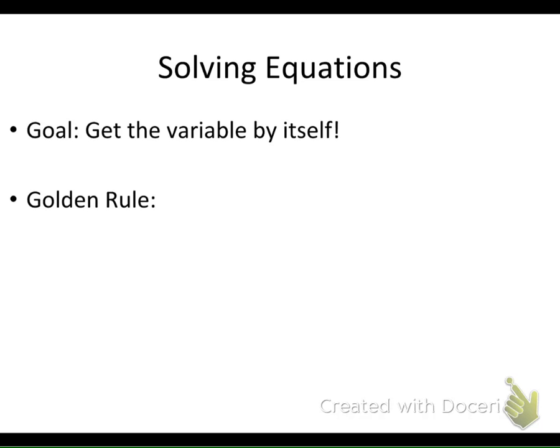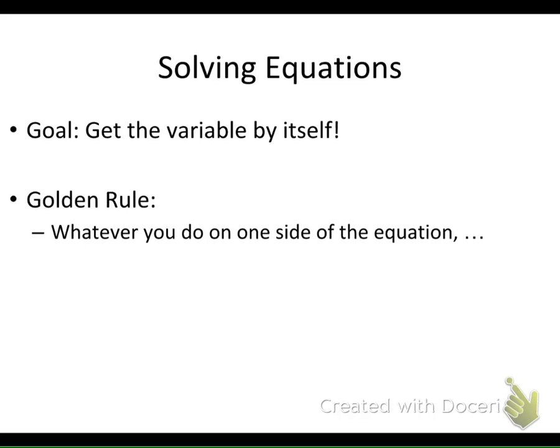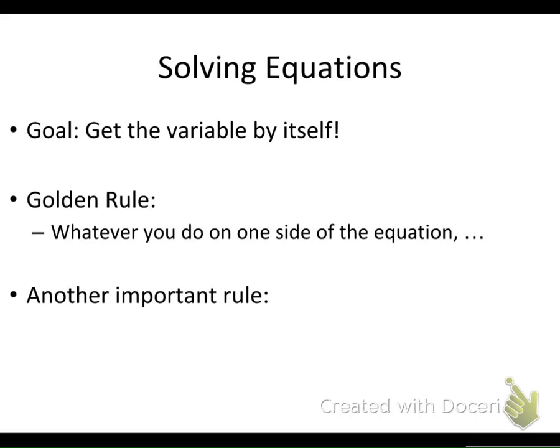You're also going to have the golden rule every single time, which is whatever you do on one side of the equation, you have to do to the other side. So you must do to the other side.